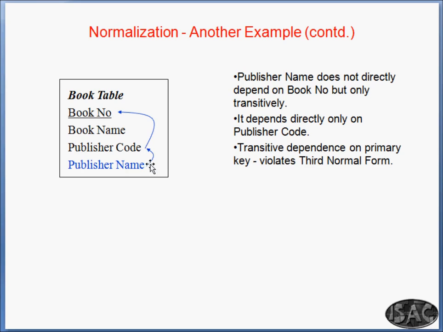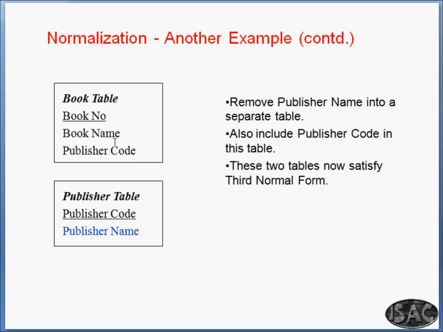Publisher name is dependent on the publisher code, and indirectly, I can say, it is dependent on the book number. So it has a transitive dependency. So we have to break out publisher code and publisher name separately, right? So now we are getting another new table: book number, book name, publisher code, and here I will make a foreign key, here I will make a primary key, right?